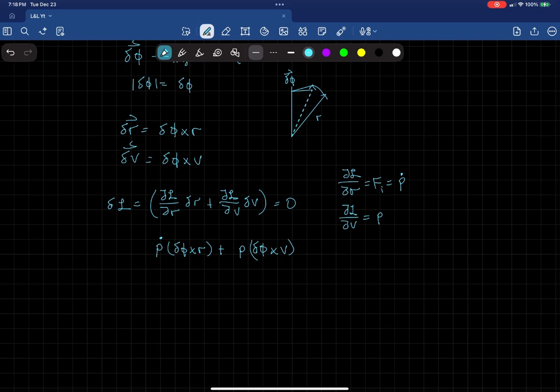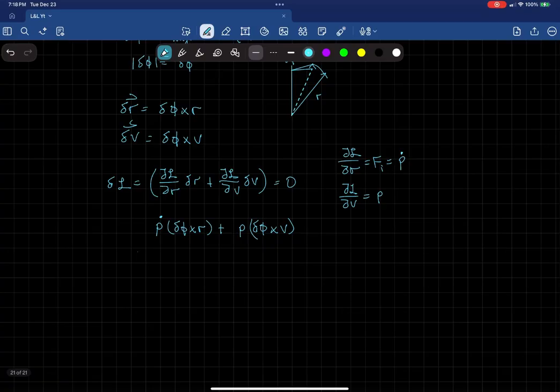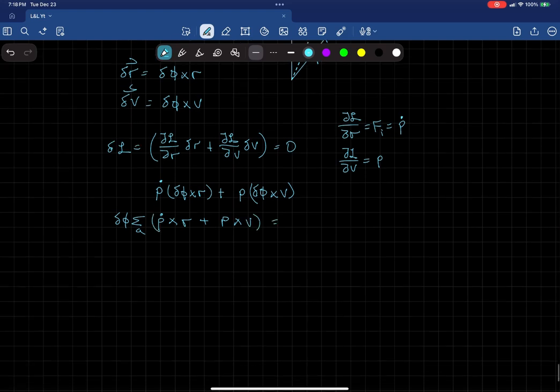And since we're working with multiple particles, I'm going to write this all as a sum, and we can now take our del phi outside of the sum. So we have the sum over a times del phi multiplied by p dot cross r plus p cross v. And we notice that for this to remain unchanged, it must still be equal to 0.